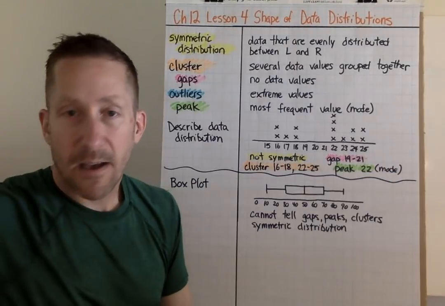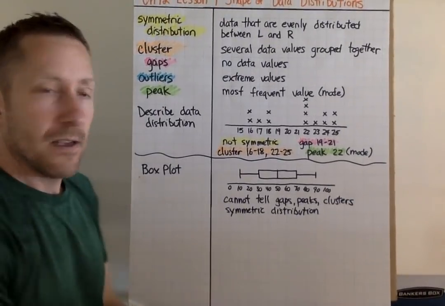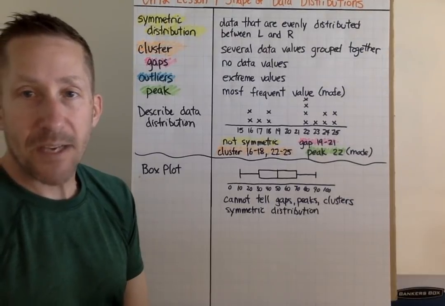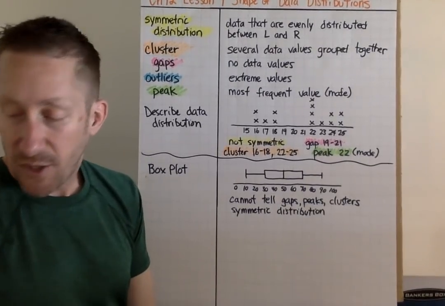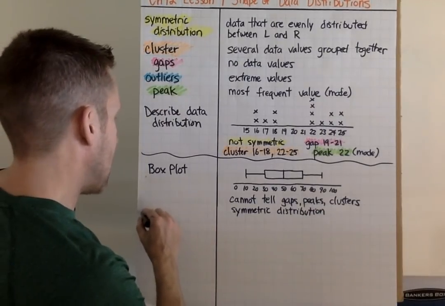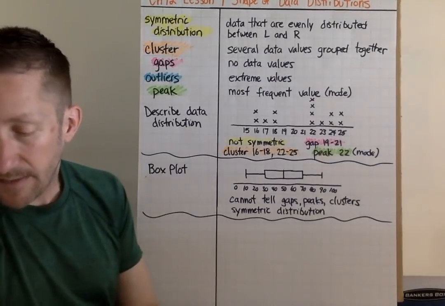Okay, last thing we're going to talk about, tilt the camera a little bit here. Last thing we're going to talk about is deciding which measures of center and which measures of variability to use based on a guide. So the other section we're going to talk about is this.